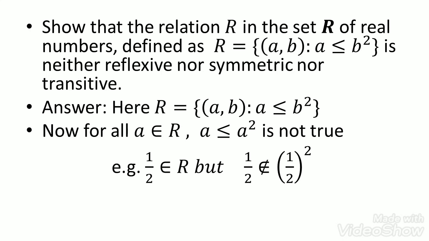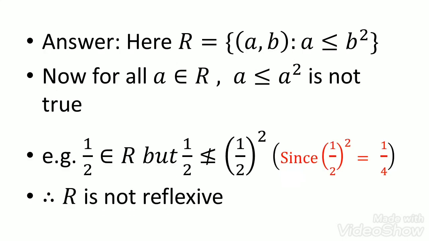Therefore half is not less than or equal to half squared. An element a relates to the second element if it is less than or equal to the square of the second element. But half is not less than or equal to half squared. That means half is not related to half, so R is not a reflexive relation.